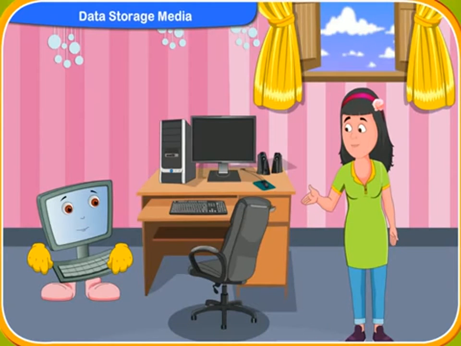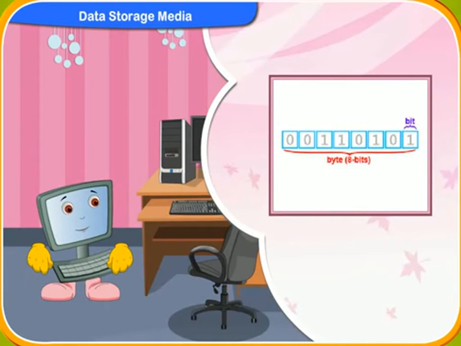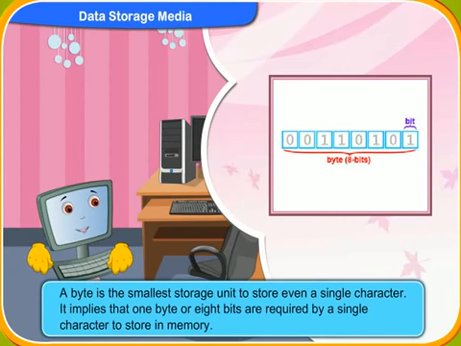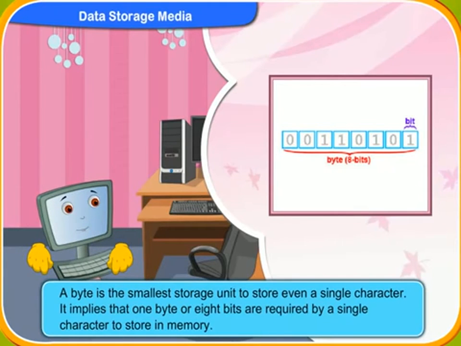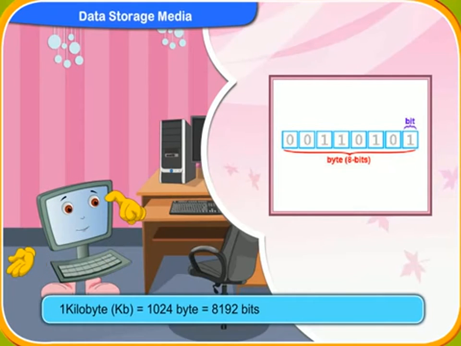What is the difference between bits and bytes? Bytes are bigger than bits. 8 bits make 1 byte. A byte is the smallest storage unit to store even a single character. It implies that 1 byte or 8 bits are required by a single character to store in memory. 1 kilobyte consists of 1024 bytes.